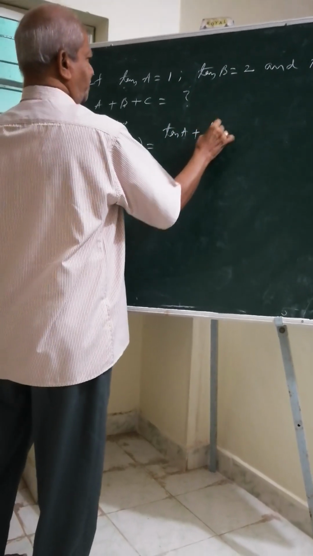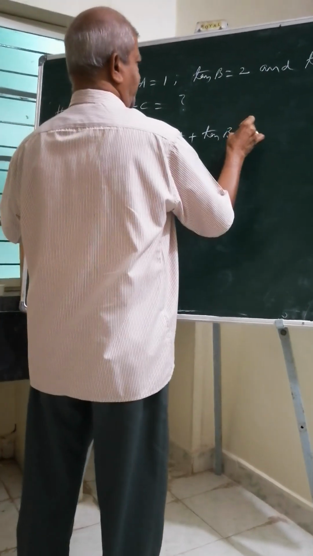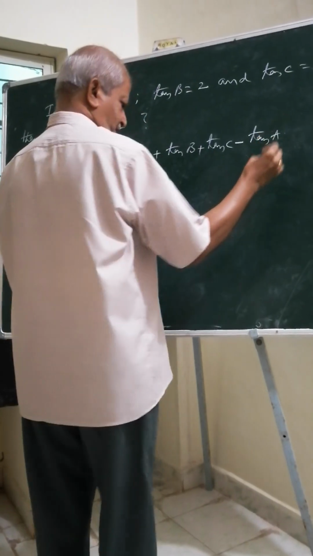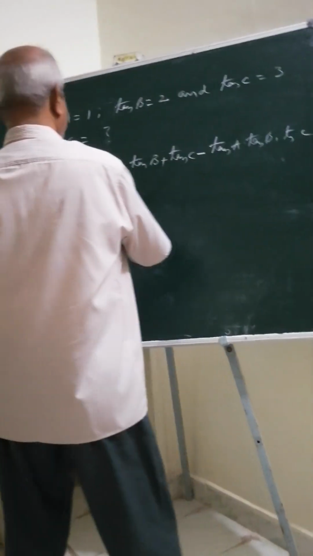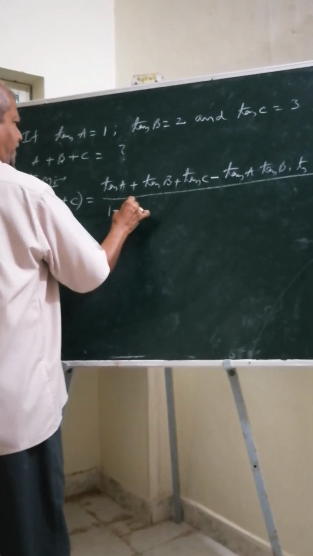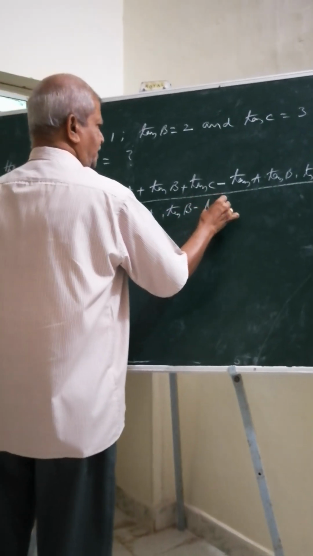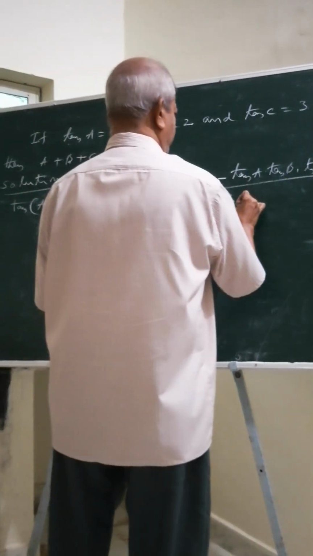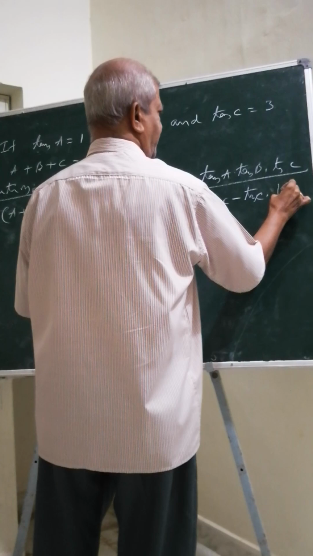Tan A plus tan B plus tan C minus tan A into tan B into tan C, whole divided by 1 minus tan A into tan B minus tan B into tan C minus tan C into tan A.